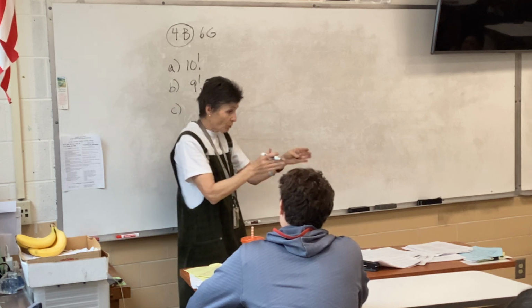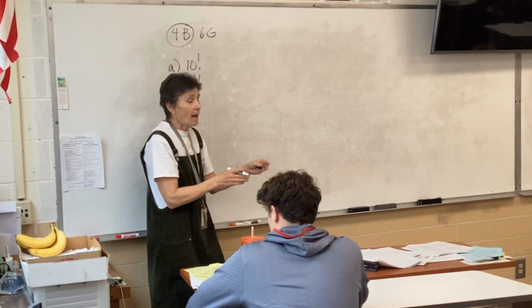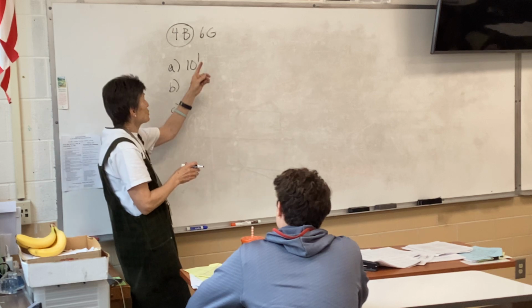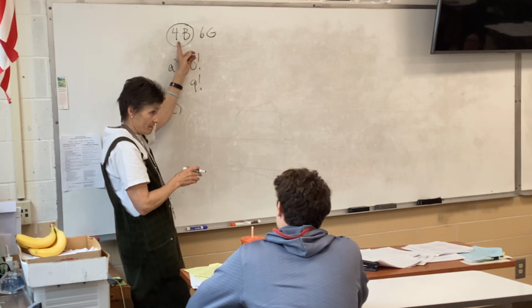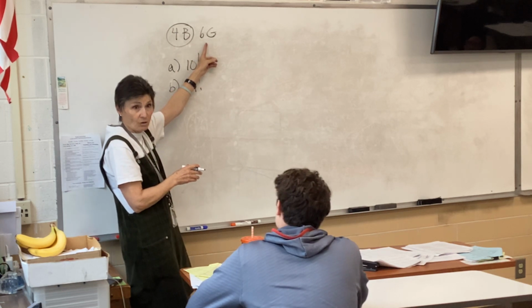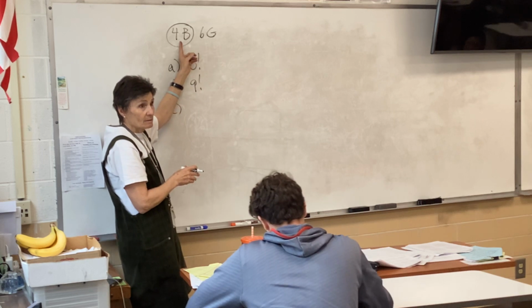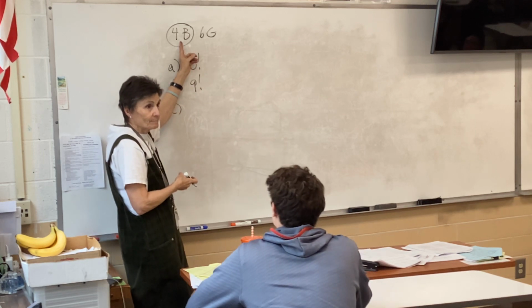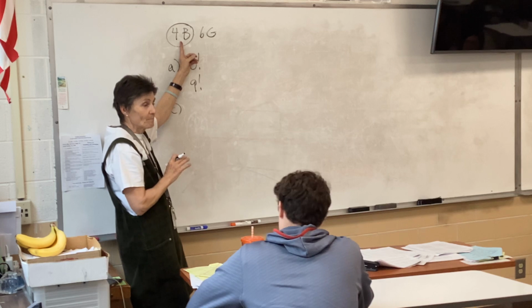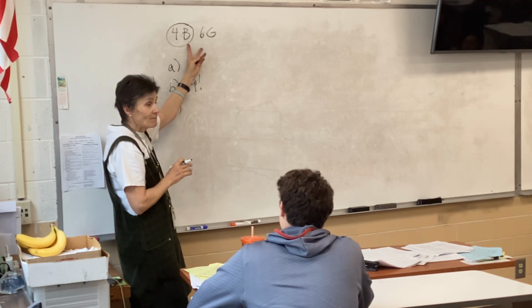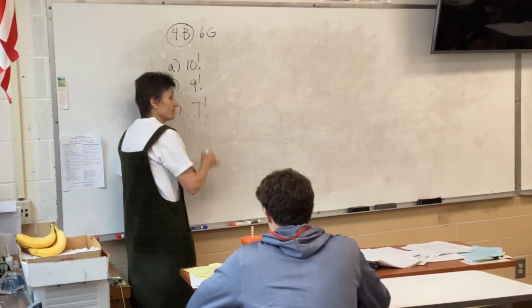When I go to arrange them now, how many things am I really arranging? 7. I've got my 6 girls and my bundle of boys, my 1 big boy. So that's 7 things that I'm arranging.